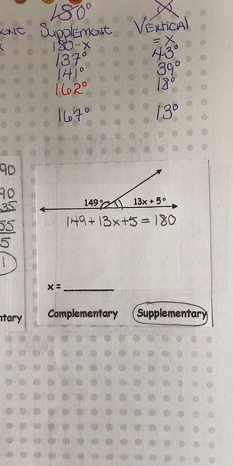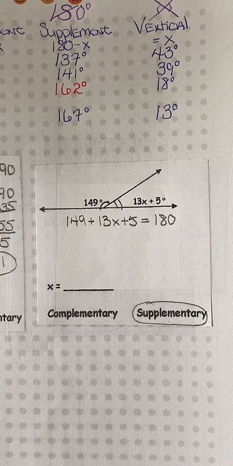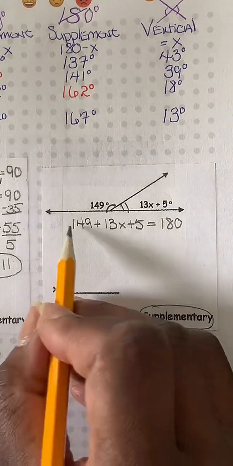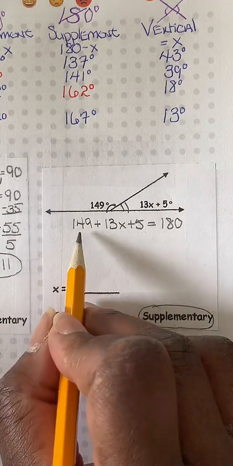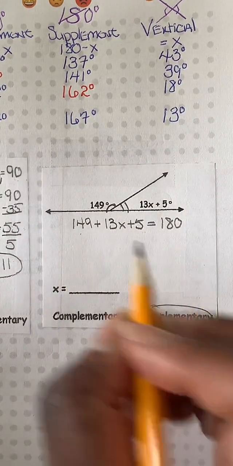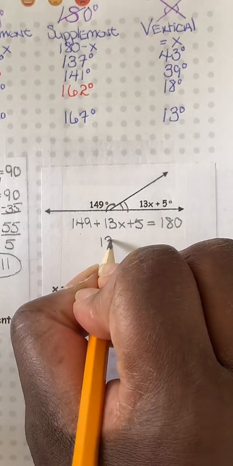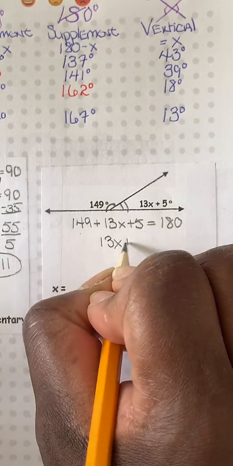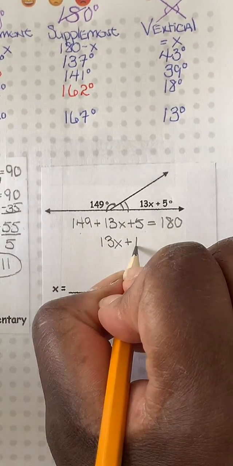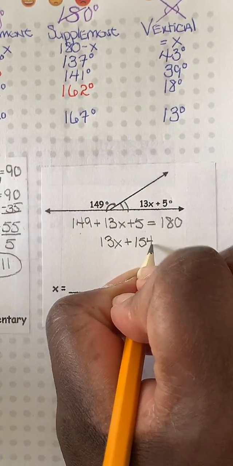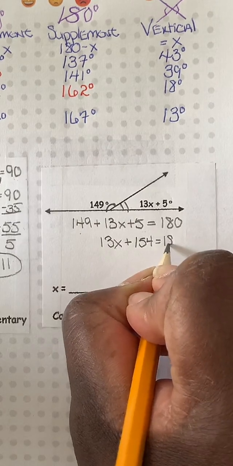So we have like terms. My 49 and my 5, they're like terms. They can be combined. So that will give me 13x plus 154, and it's going to equal 180.